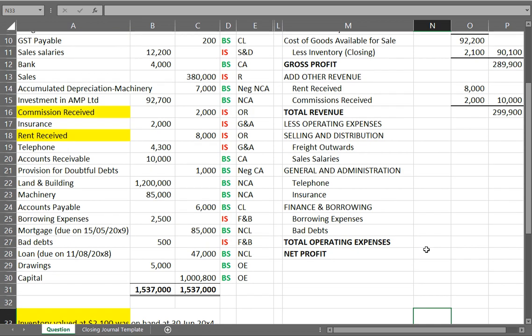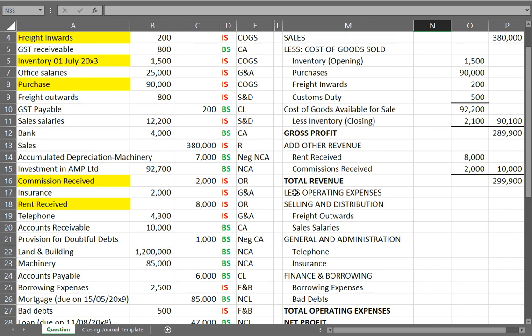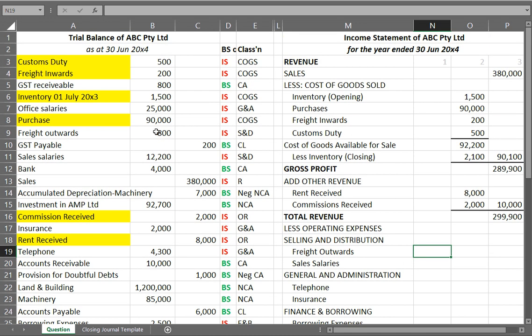All right, moving on. Now let's look at operating expenses. Now there will be 3 levels of calculations. Let's start with freight. Freight to deliver things to customers is $800 and sales salaries 12,200. Now please note that I'm only taking selling and distribution type expenses.